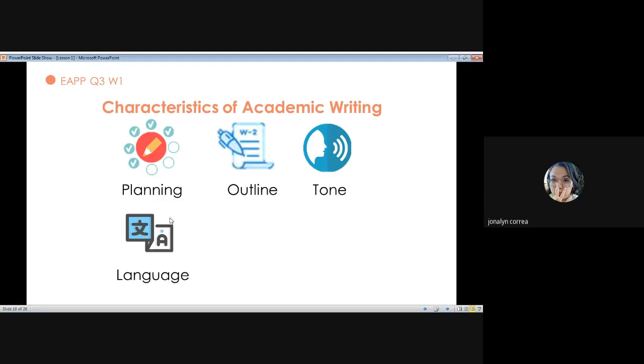Then the next in writing academic text is the point of view. As we have mentioned a while ago, it should be on a third person. As the focus of the academic writing is to educate the facts to your audience and not to support opinion. So in writing an academic text, we never use I, my, mine, yours, you.